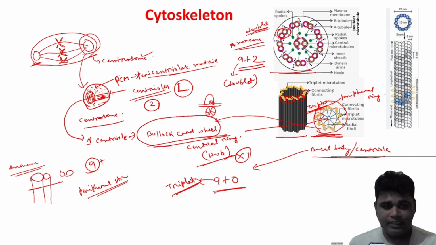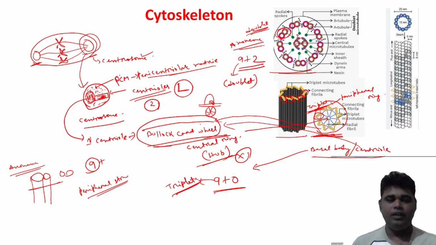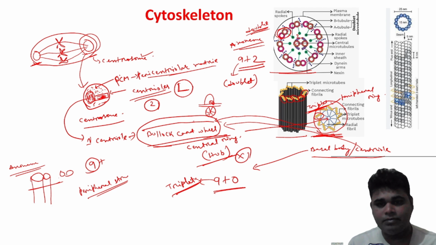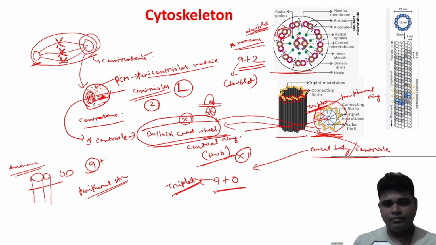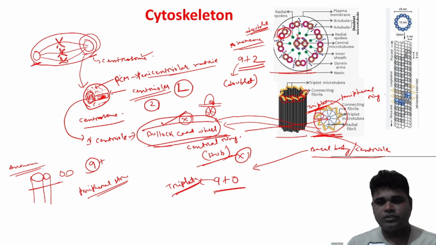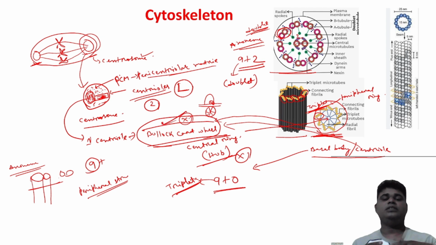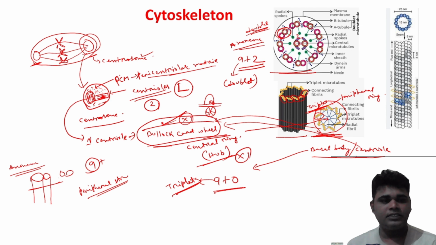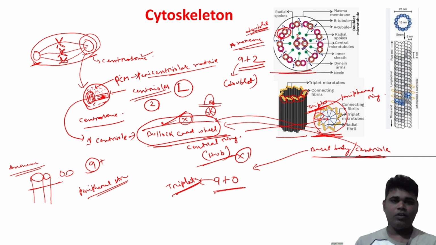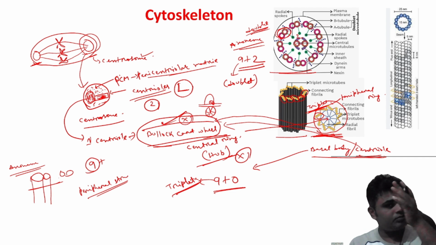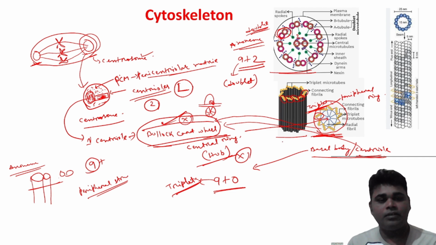That's why the centriole is also called the bullock cart wheel. This is very important: in a previous exam this question was asked, which structure is also called the bullock cart wheel structure, and the answer is the centriole. So this is all about the structure and the difference between the axoneme and the basal body.